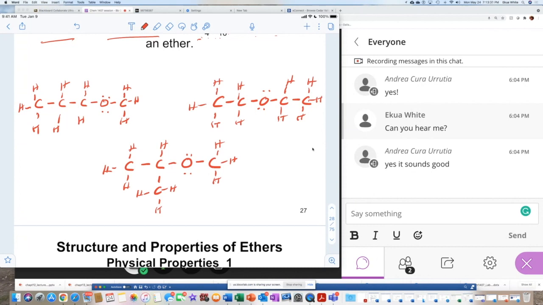I try to visualize the arrangement without the hydrogens in the way, and then I can just fill in the rest, and then it works out.